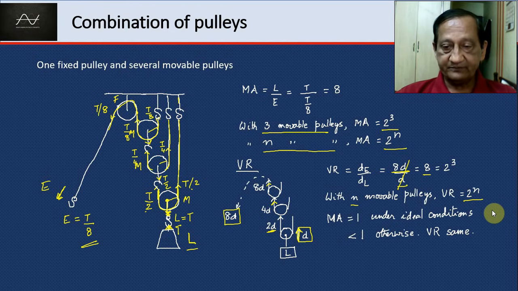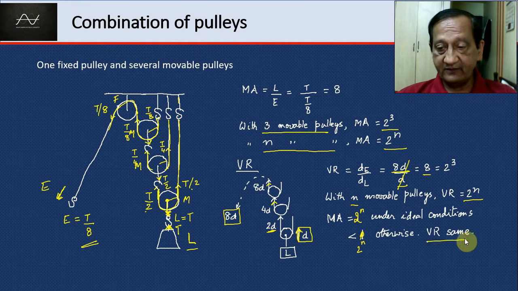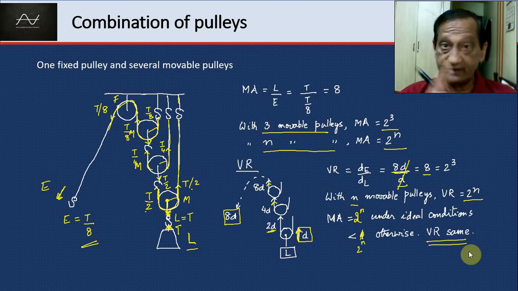And mechanical advantage, if it is not ideal conditions, then it will become less than 2 to the power n. So it is 2 to the power n under ideal conditions and less than 2 to the power n otherwise. But VR will not change because VR is about the distances covered.